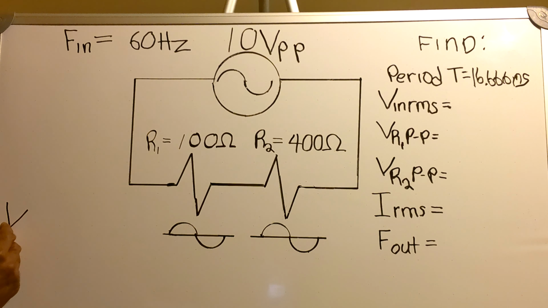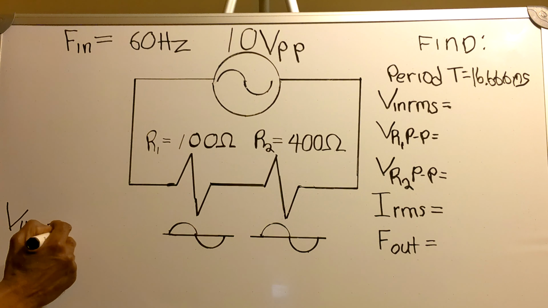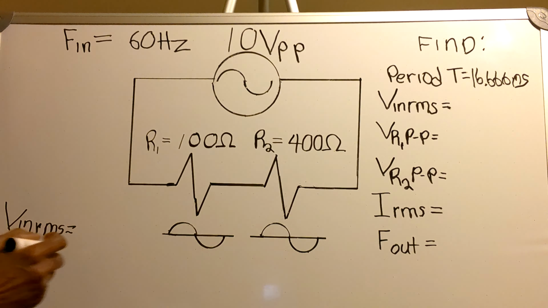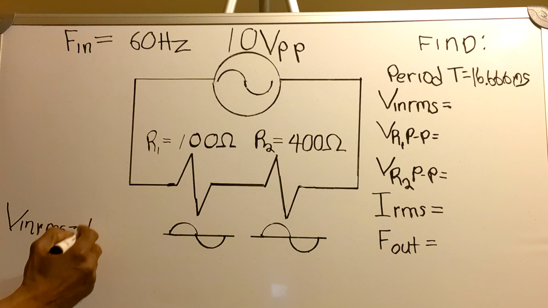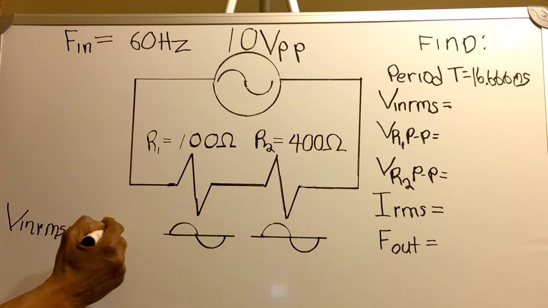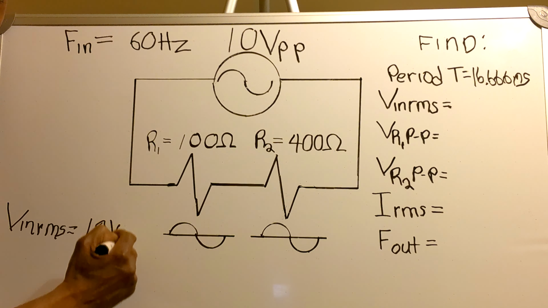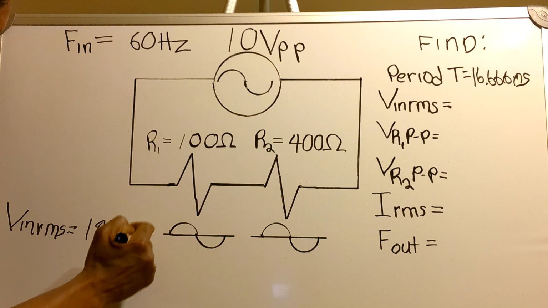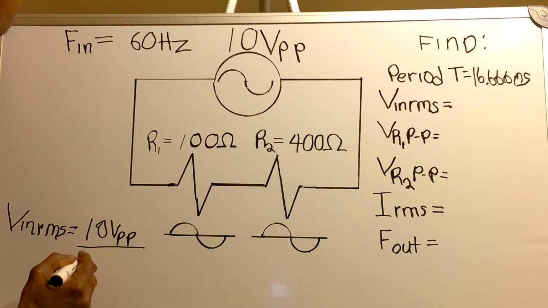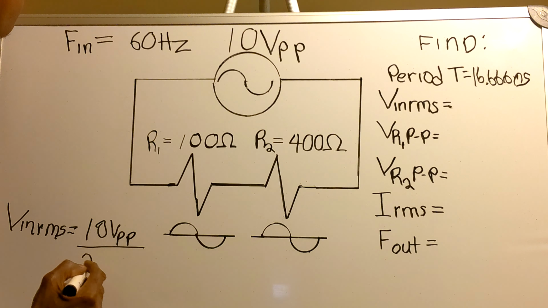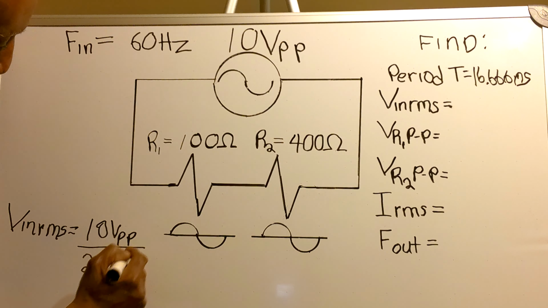The volts in RMS equals 10 volts peak to peak over 2 times the square root of 2.